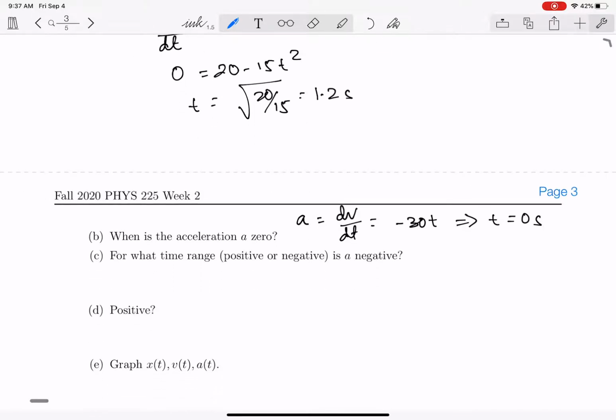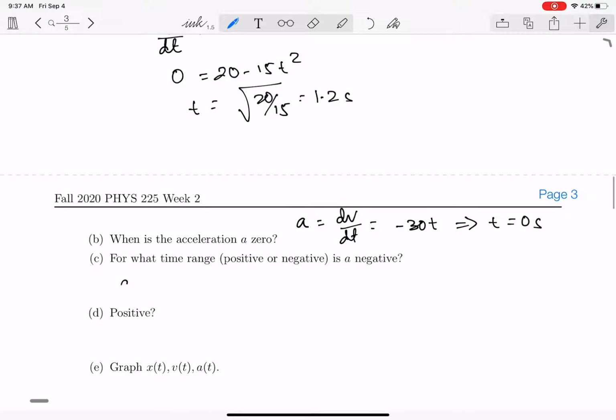For what time range is acceleration negative? We know the acceleration equation is negative 30t. When t is greater than 0, acceleration is negative. When t is less than 0, acceleration is positive.